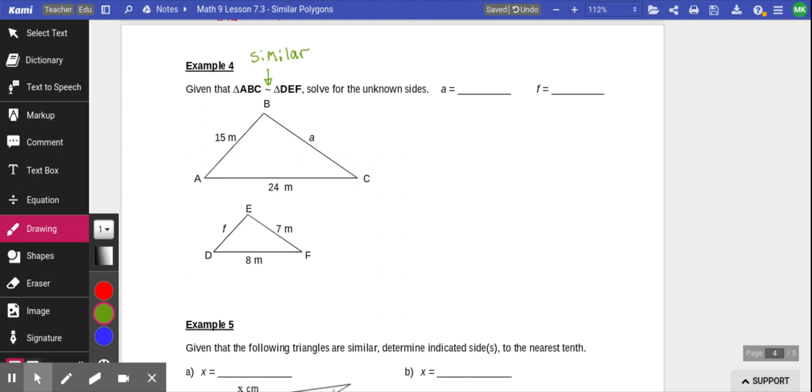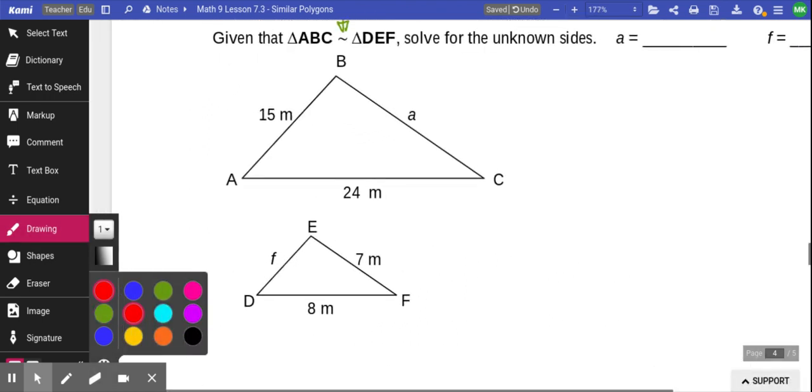That means somehow it's grown or shrunk. The first thing we want to do is match up sides, figure out which sides correspond to each other. I think it's pretty safe to say that the bottoms correspond to each other, so 24 and 8 must correspond. Looking at the angles and everything else, it's probably also pretty safe to say 15 and F correspond. And it's also probably pretty safe to say A and 7 correspond.